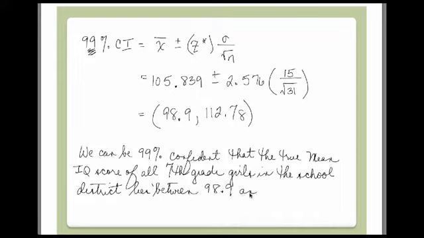If there were units of measurement, we would attach them here. And that's your answer. All right, so think about what that means. That's telling us that we can be pretty darn sure that the true mean IQ of all the 7th grade girls is going to lie within this range. All right, so letter B.